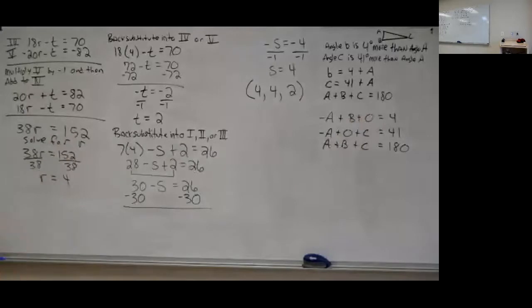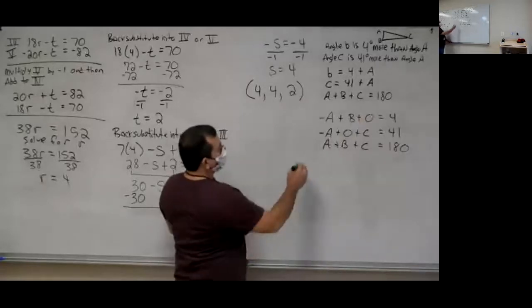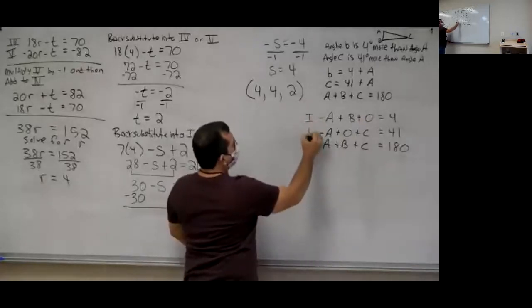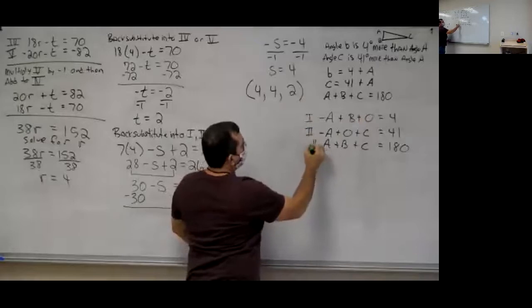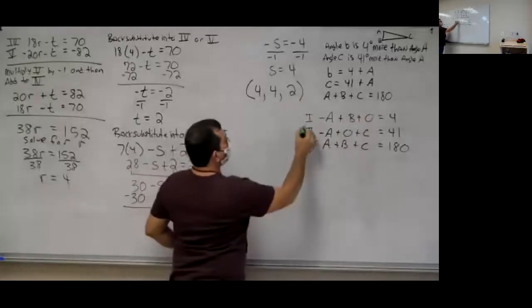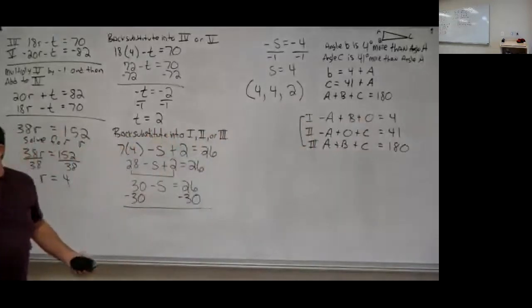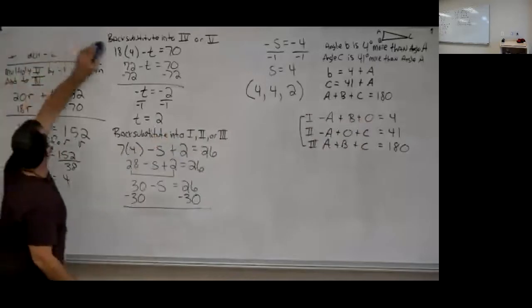So, pick another to get rid of. A? So, notice, here's 1, 2, and 3, right? If I want to get rid of A, I'm going to add row 1 and 3 first, and then I'll come back and add row 2 and 3.